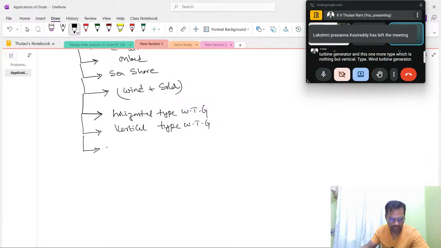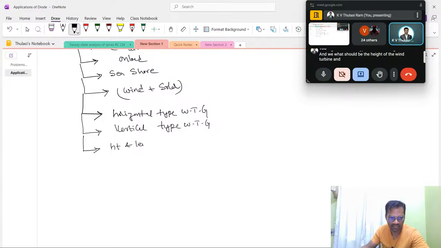What the height of the wind turbine should be and what the length of the blade should be are maintained as per the design. A ratio is maintained between the height of the tower and the length of the blade based upon the rating of the plant.